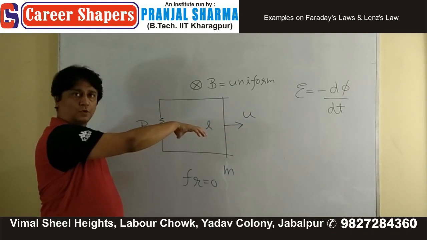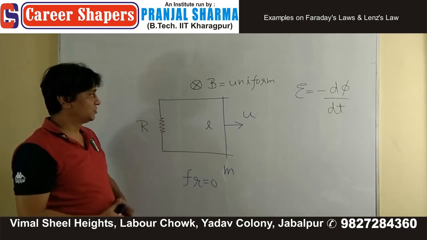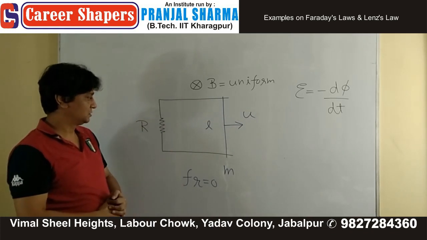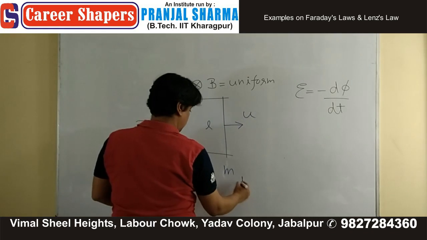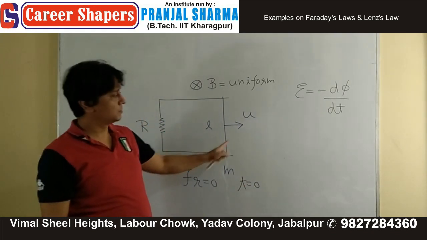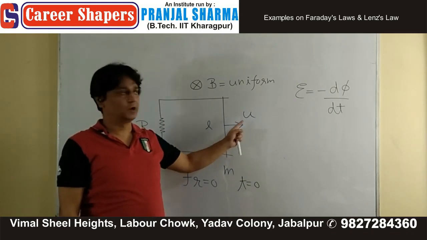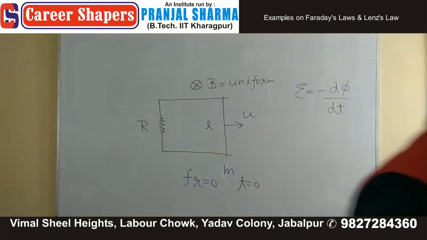Current is going to flow clockwise or anti-clockwise. Note down this much. This is the initial moment, that is t equals 0. Right now, the rod is moving with initial velocity u. What is the direction of current? Clockwise or anti-clockwise?